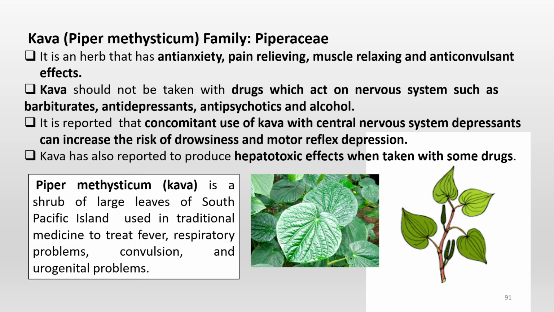Piper methysticum, which is called kava or kava-kava, is a shrub with large leaves from the South Pacific islands, used in traditional medicine to treat fever, respiratory problems, convulsions, and urogenital problems.